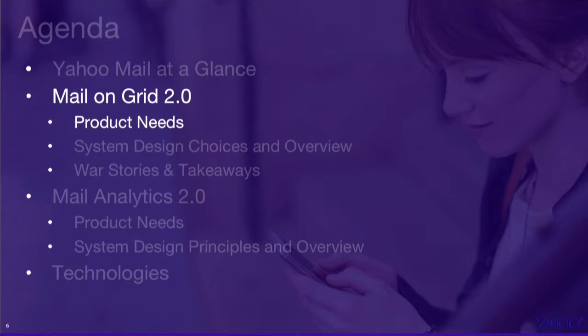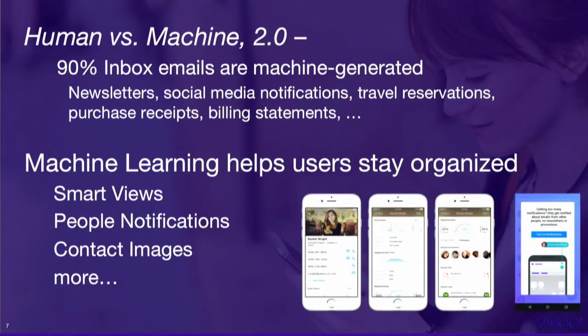So with that kind of scale and the richness of the data, we embark on the second incarnation of the data system that's driving its growth and evolution. What we call human versus machine 2.0. It turns out, of the 26 billion emails every day, of the 20% or less that are not spam, 90% of them are actually also generated by machines.